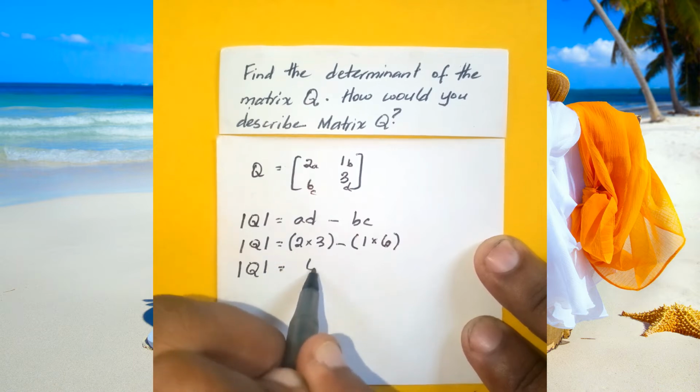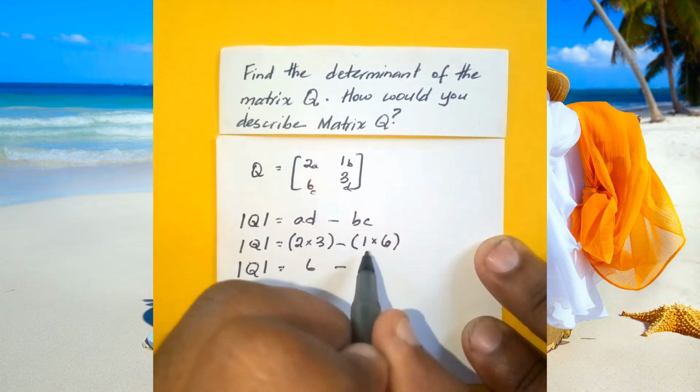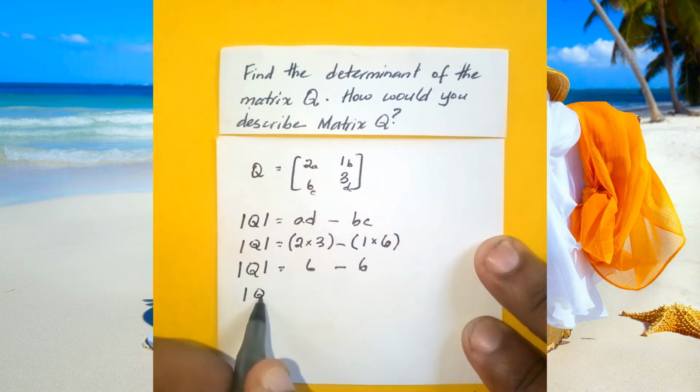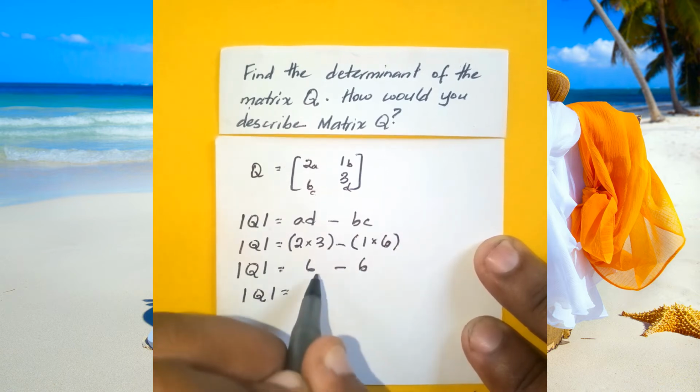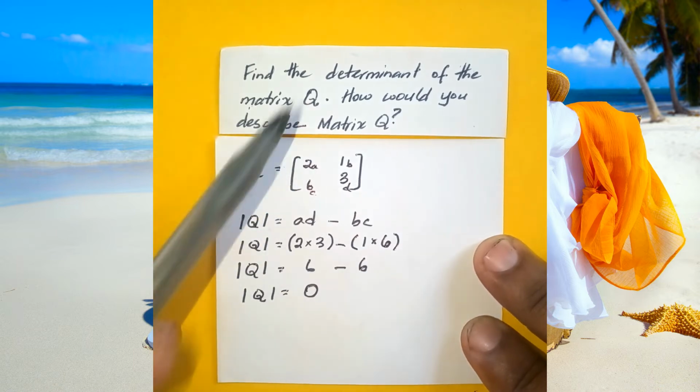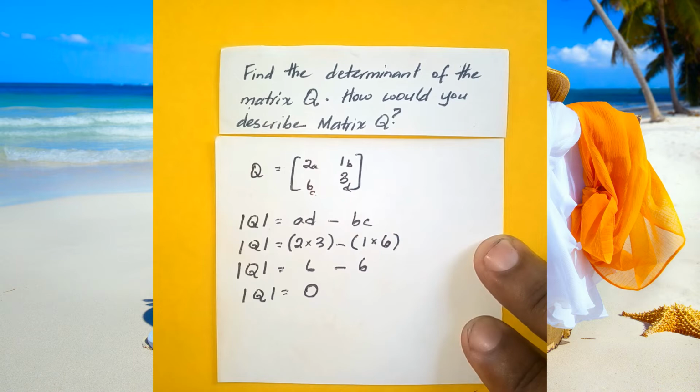So I'm just following the formula, using it to guide me. 2 times 3 is 6. Take away 1 times 6, which is 6. Following the formula step by step, 6 take away 6 is 0. So the determinant of Q would have been 0. But are we finished answering the question? No. We just determined the determinant. We need to describe it.